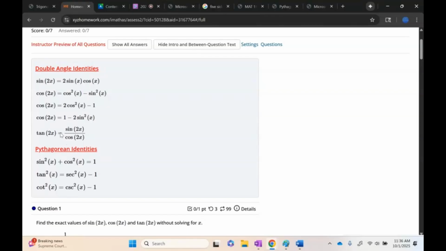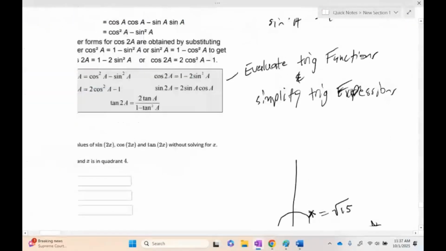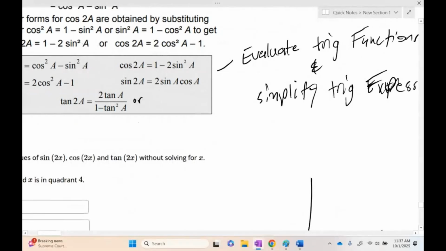Okay, the tangent of 2x, remember that the tangent is just the sine over the cosine. So the tangent of 2x is going to equal the sine of 2x over the cosine of 2x. So another possible formula you could use, I'm just going to jot that here: the sine of 2a divided by the cosine of 2a.